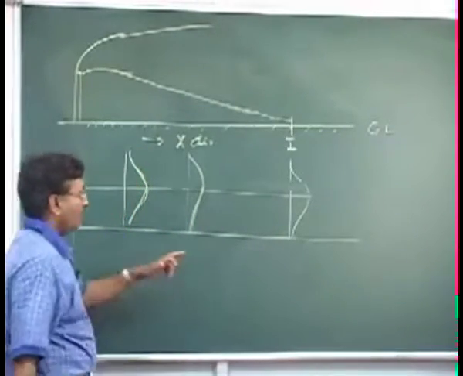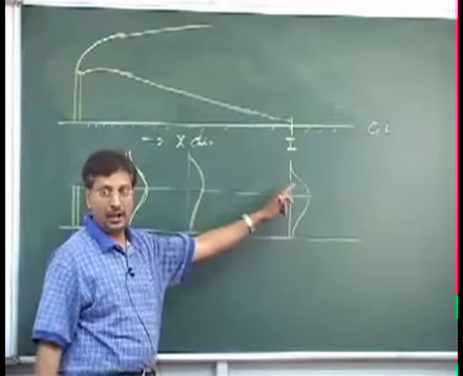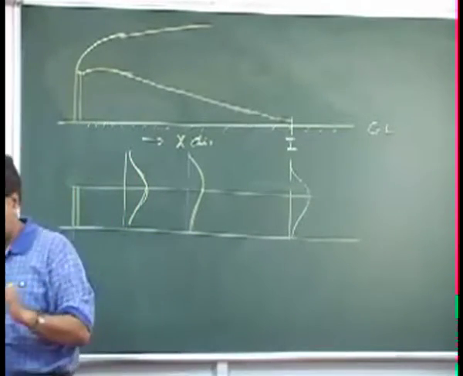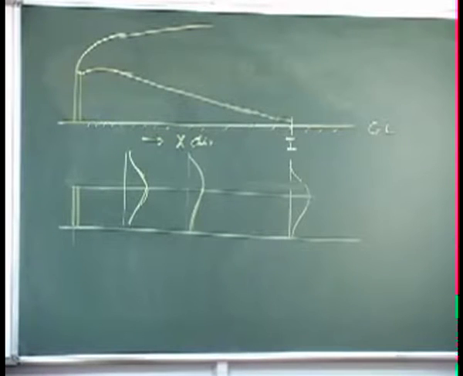When the plume is reaching I and the plume hits the ground, there is a possibility that the plume will be reflected back, right. The plume is coming and then it could be reflected back.